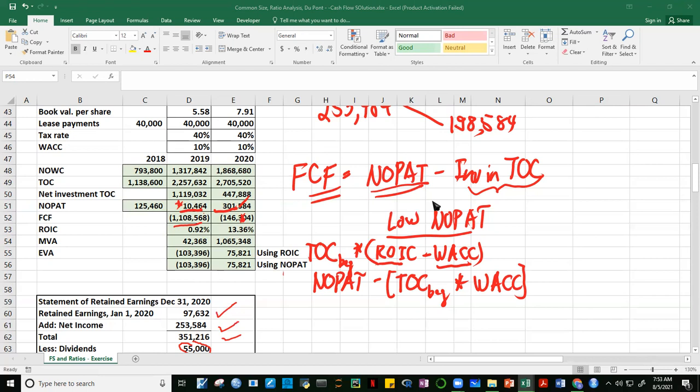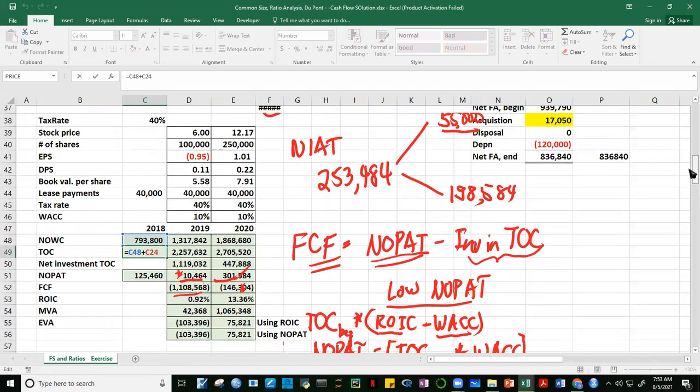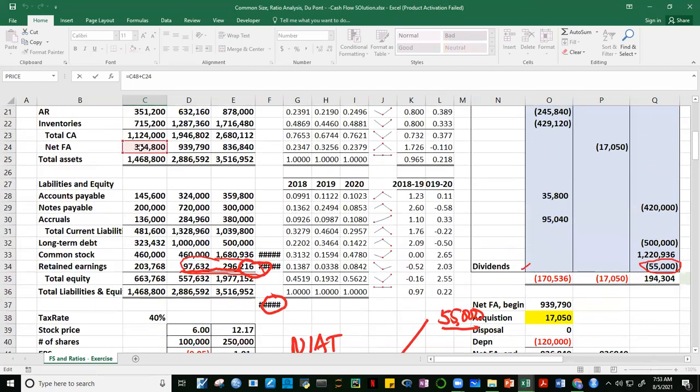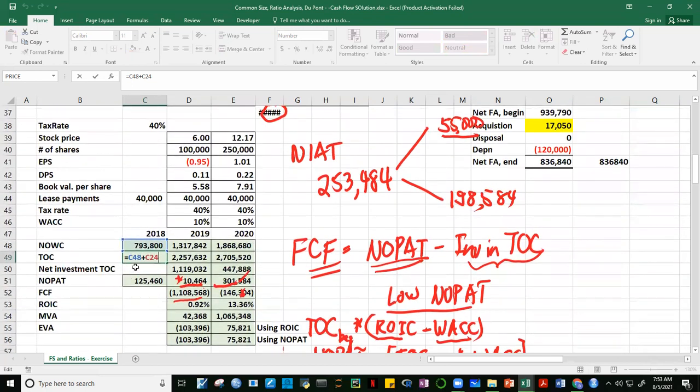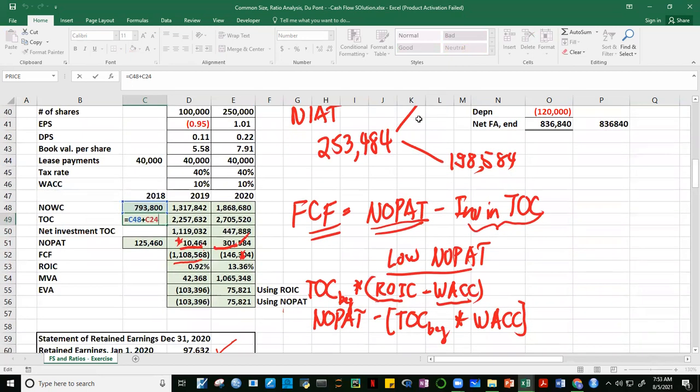TOC, you obtain TOC by, okay, TOC is simply your NOWC plus the net fixed assets. This one. May net fixed assets tayo. I-add natin sa si NOWC at saka si net fixed assets. Okay? Did that answer your question, Roy?